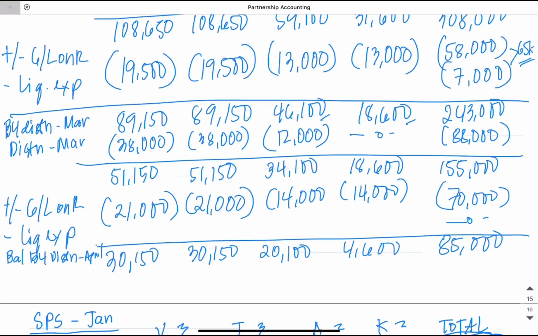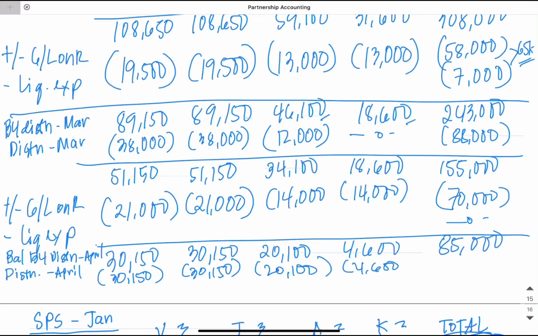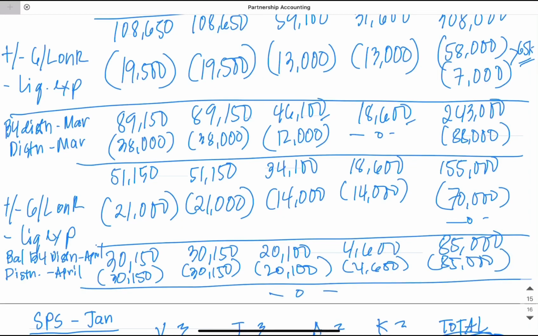So distribution in April will be the same amount: 30,150, 30,150, 20,100, 4,600, and of course 85,000. And the bottom figures will all be 0.